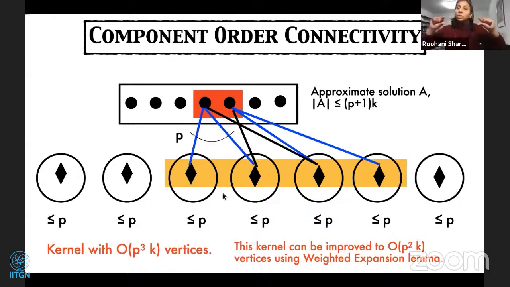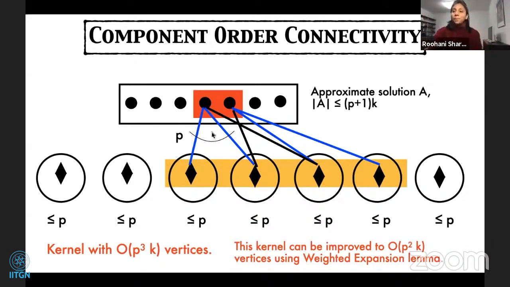If the sum total of all the vertices in these components is P, then I say that this star has weight P. So now even if I have P weighted stars instead of P length stars, I can still apply this rule, because for each P weighted star, I'll get a disjoint connected set of size at least P plus one to hit, right?